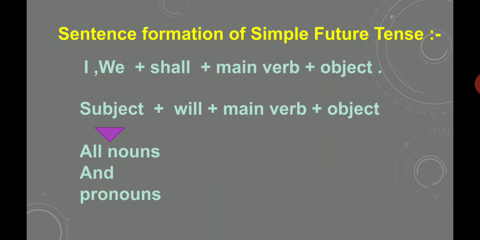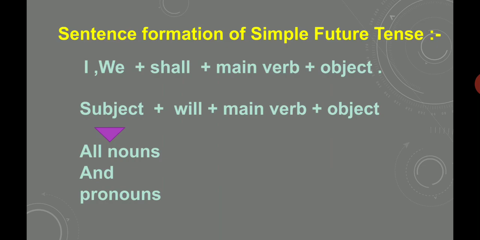So all the pronouns, I and we, are included in these. Understand? So just remember that with shall we only use I and we, and we use will with I and we also, and the rest of the nouns and pronouns.